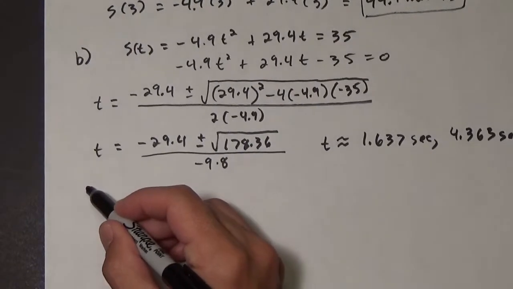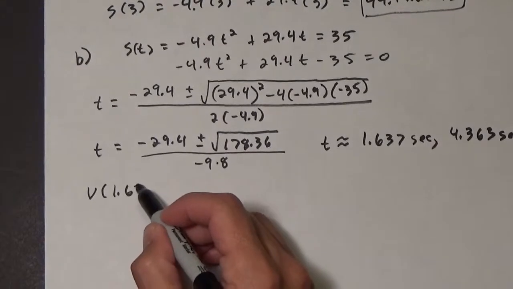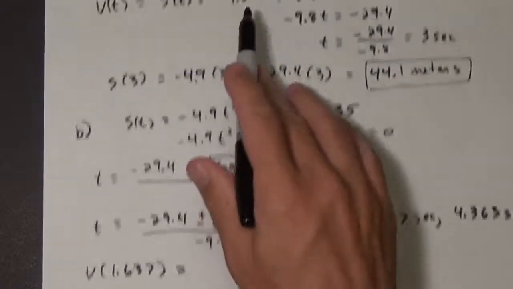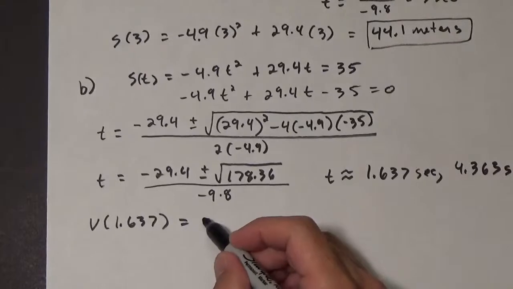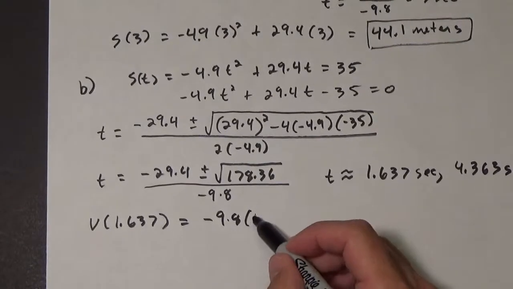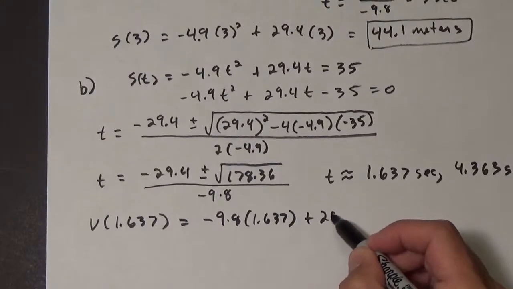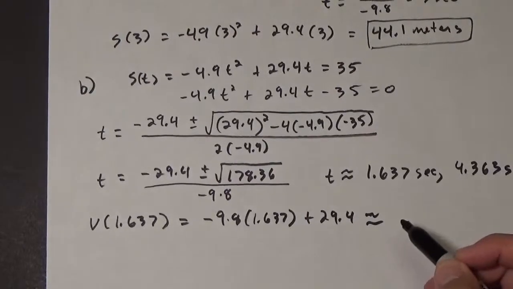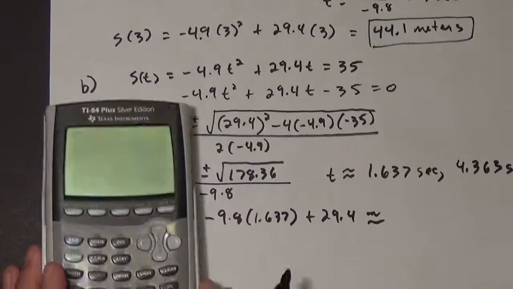So v of 1.637, see, our velocity function was negative 9.8 t plus 29.4. So it's negative 9.8 times 1.637 plus 29.4. And that equals, so let's get that.